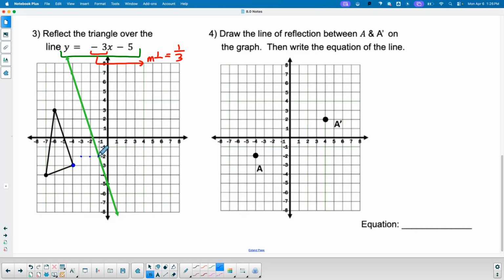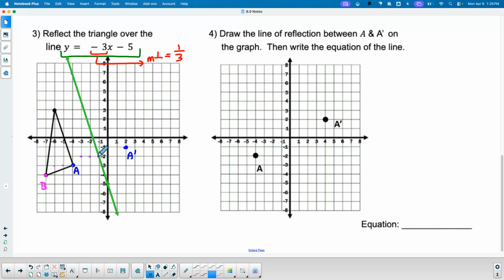So if I go up 1 and right 3, that would be my reflected point. Up 1, right 3, up 1, right 3.